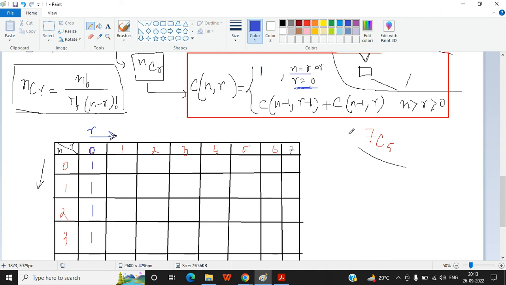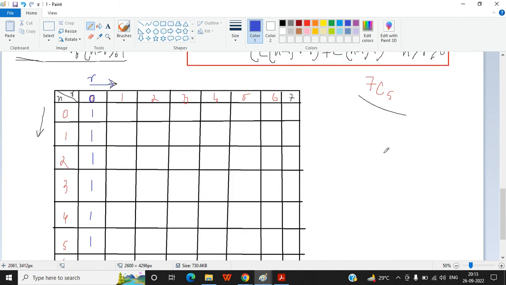Now there is one more condition. When n is equal to r, the value will also be 1.